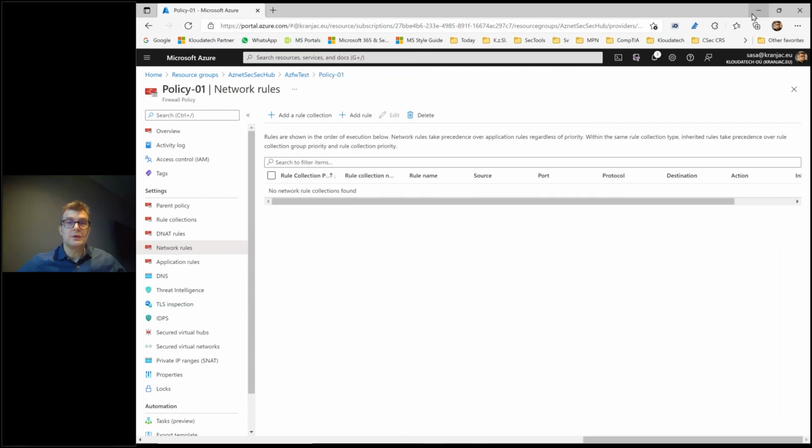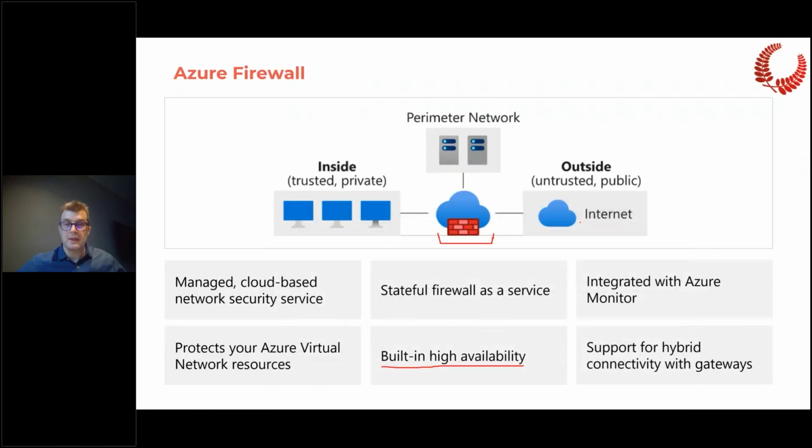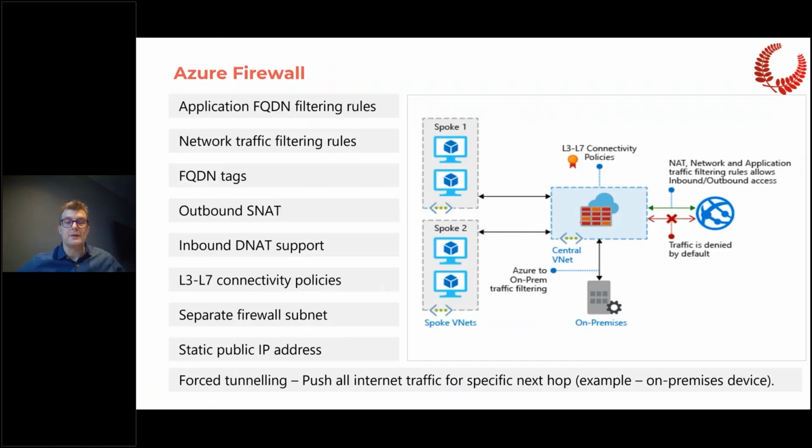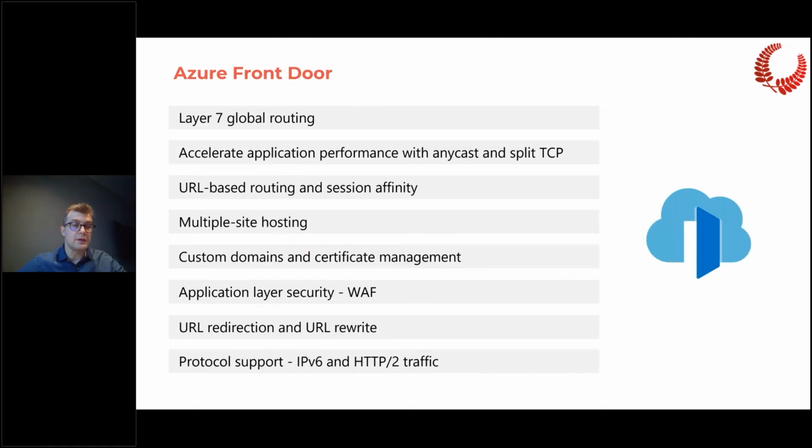And there are a lot more services that fall under Azure Network Security. Here are some characteristics of Azure Firewall, like supporting FQDN tags or inbound or outbound network address translation. And then for the last thing, we will just mention Azure Front Door, which is used to achieve layer 7 global routing.